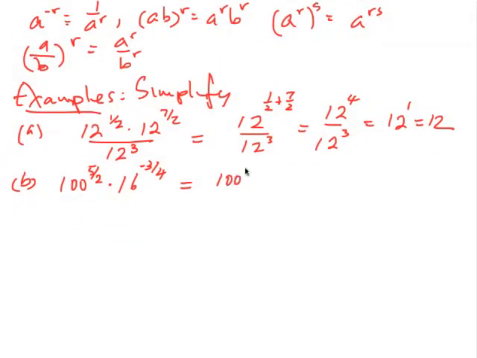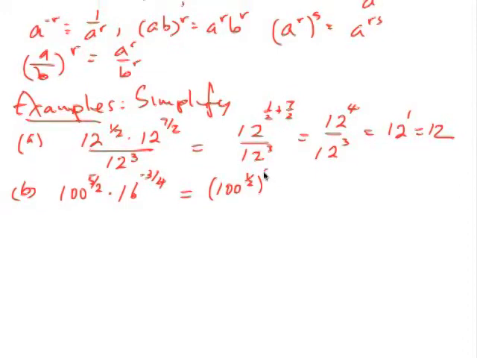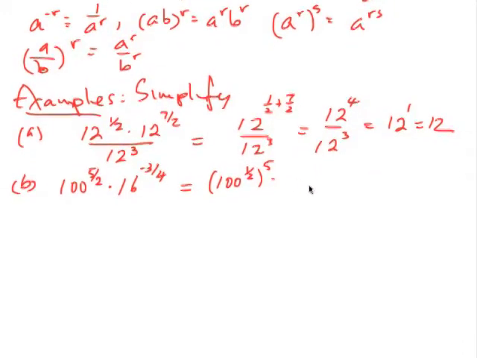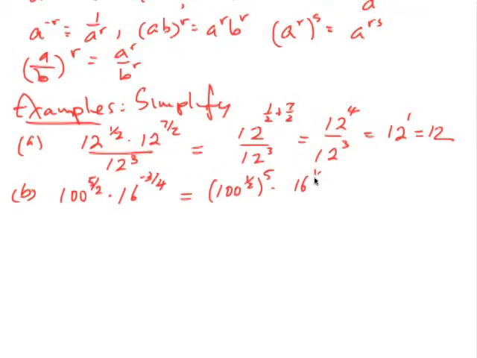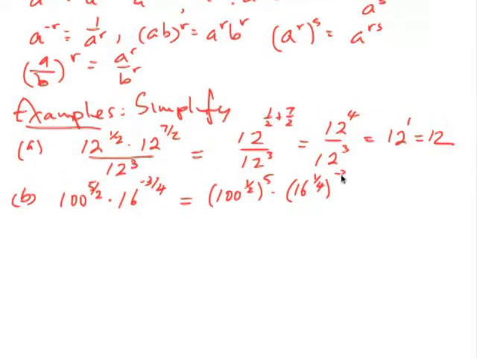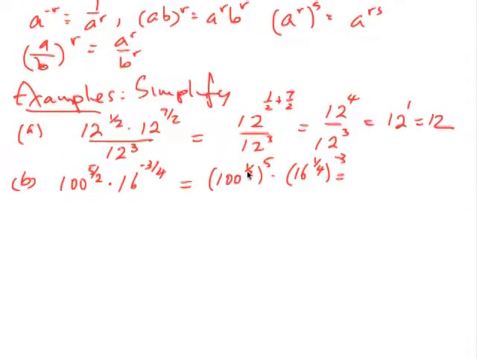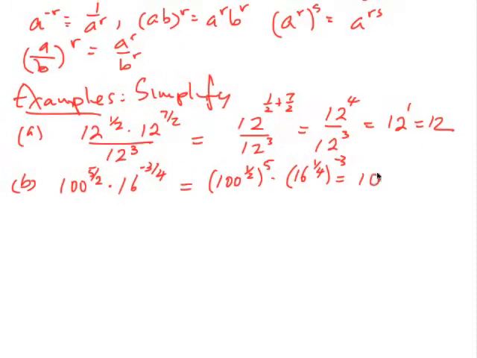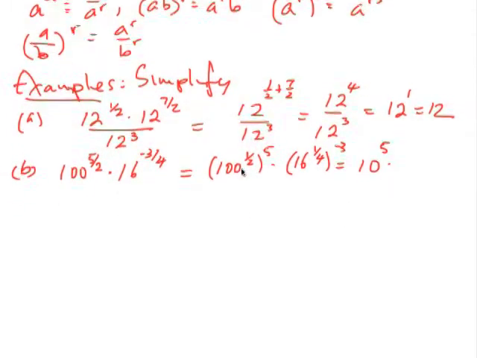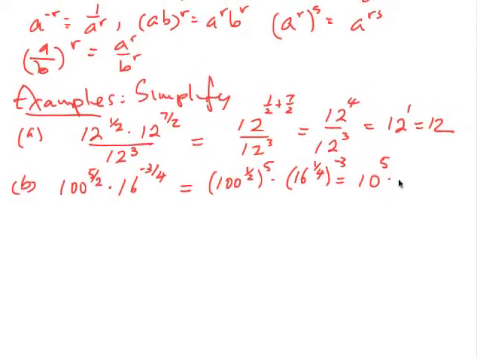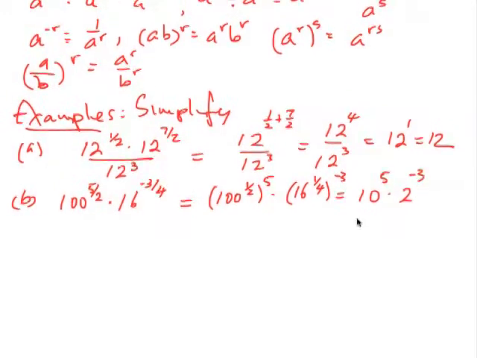So this would be 100 to the half to the power of 5 times by 16 to the quarter, negative 3, which of course will be 10 to the 5 by 2 to the negative 3.